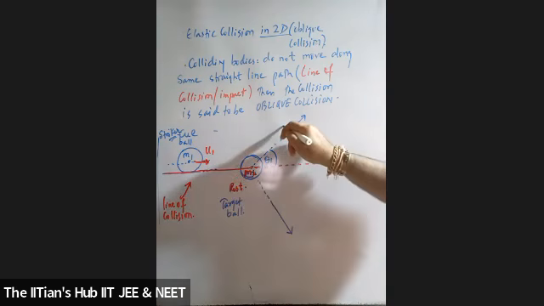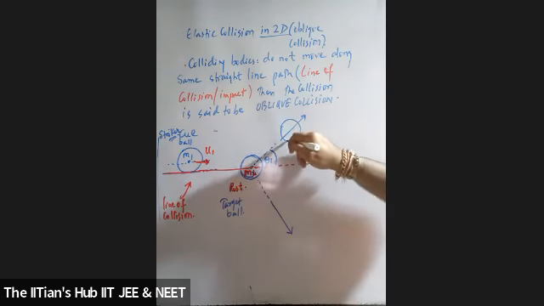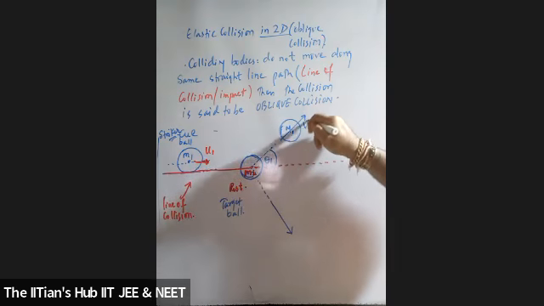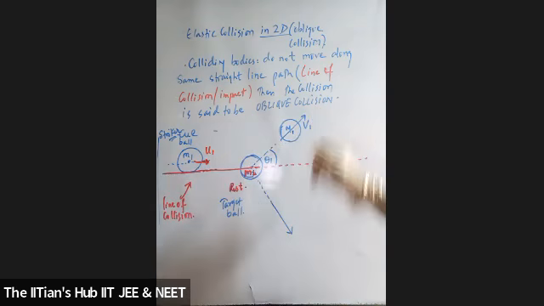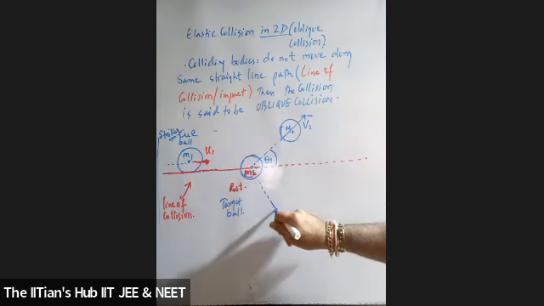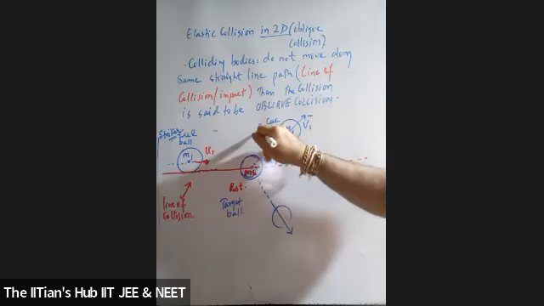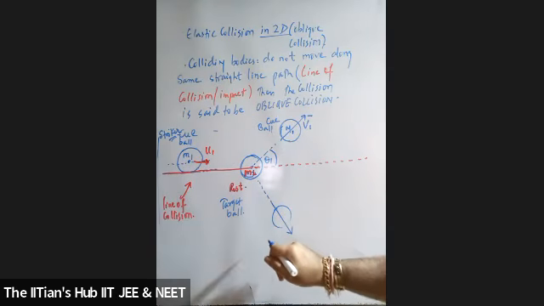And now the body is moving. Body m1 is moving with the final velocity v1 in this direction, students. Agreed? Likewise, m2, that is, this will be my cue ball and this is my strike ball.